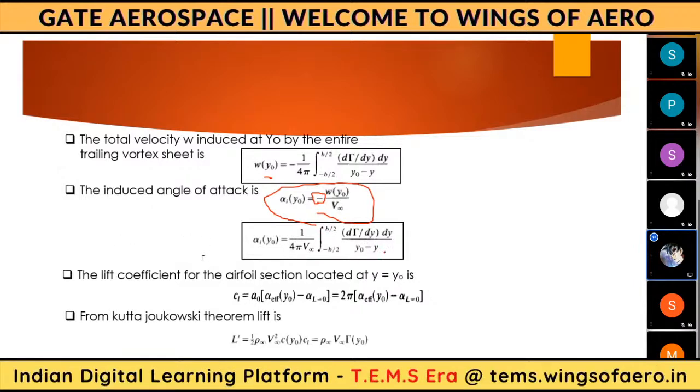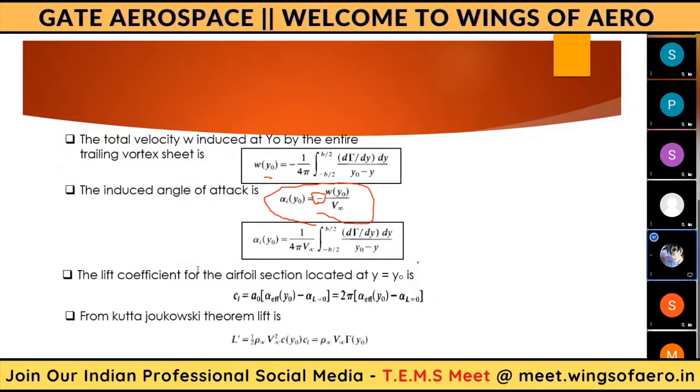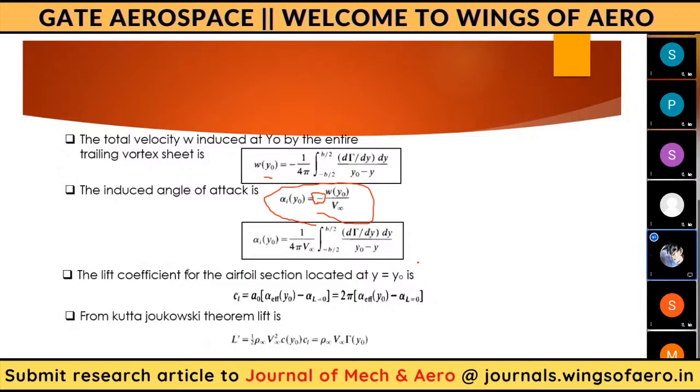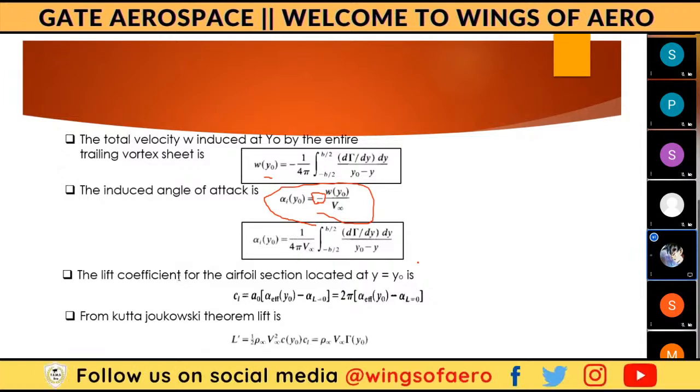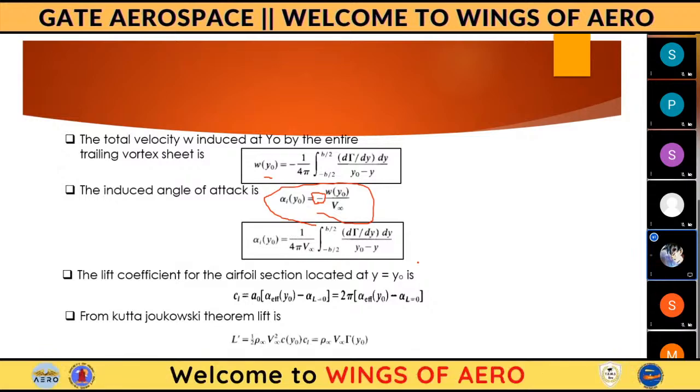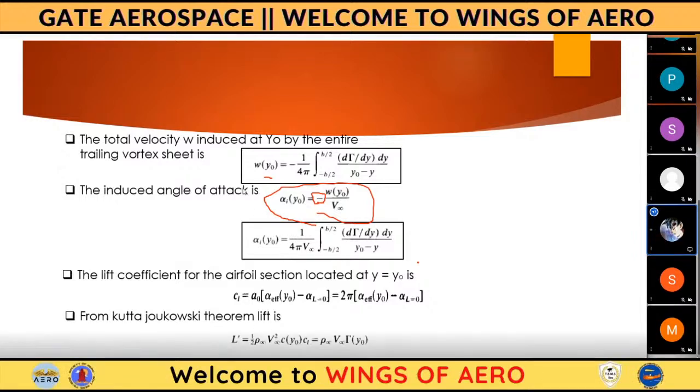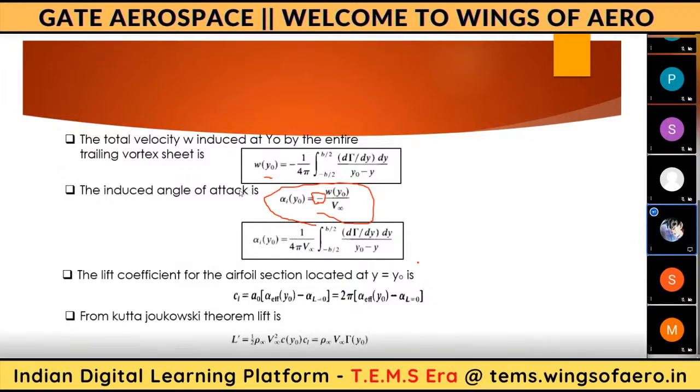Actually, we don't need to go deeper into these derivations, because in the maximum number of questions which I have seen, they are asking questions from thin aerofoil theory and cambered aerofoil theory, and also from induced drag. Induced drag formula, you all know, we will be seeing in the next classes.